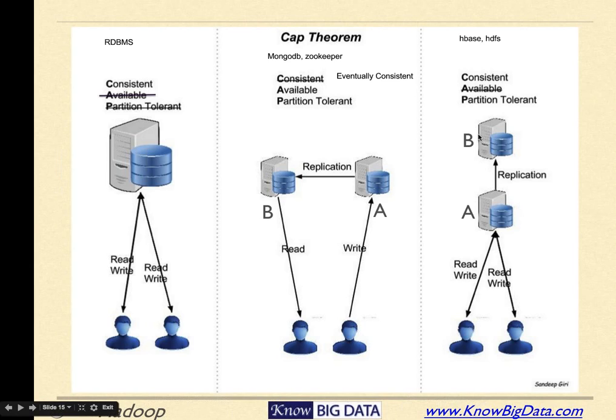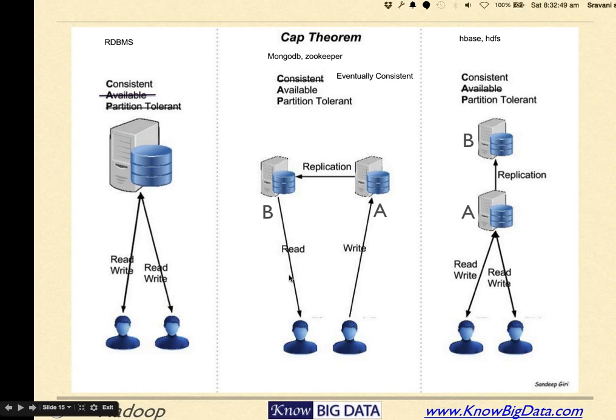Third model is A and B. Can anybody tell where we saw this kind of architecture? Anyone? All the users are reading and writing to A. There is a copy of A maintained in the backend. This B is not being used unless A goes down.